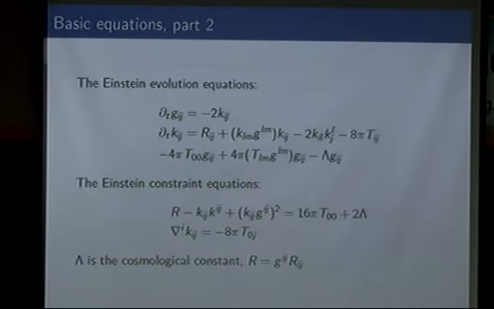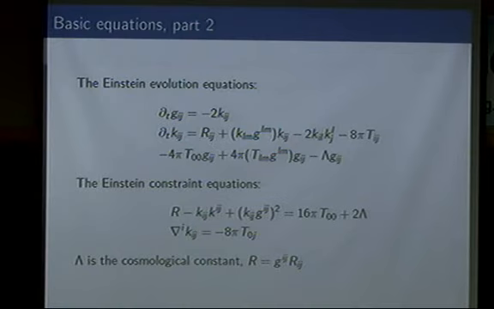Okay, so now having introduced all these preliminaries, I can go to the basic equations. First, the Einstein evolution equations, which I've written down in first order form. The first equation here is just rewriting the definition of K, and this gives me an evolution equation for the metric G. The real dynamical Einstein equation is the evolution equation for K, which looks as follows. Here is the Ricci tensor, which I introduced before, with the second fundamental form.